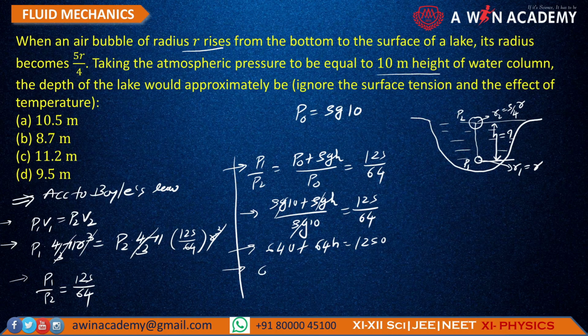Then you can get 64h is equal to 1250 minus 640.